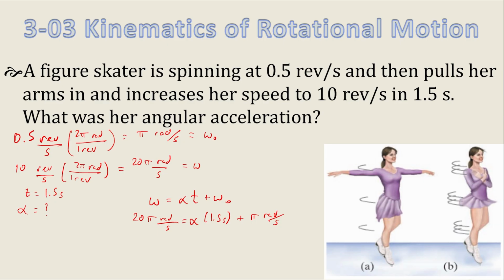Subtract the pi radians per second, which gives us 19 pi radians per second. Divide by the 1.5 seconds, and you should get 39.8 radians per second squared. Watch what happens when this figure skater is spinning and accelerates angularly.